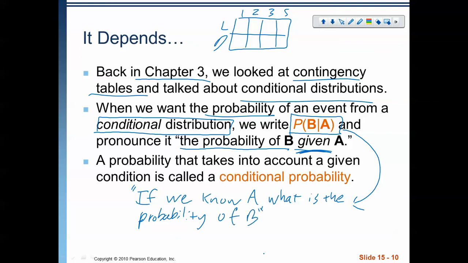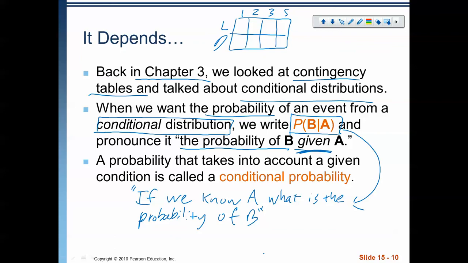Basically saying, if we have some prior information that event A has happened, whatever it may be, what then, knowing that A has happened, is the probability of B happening? And so that's what that represents there. This is a conditional probability.